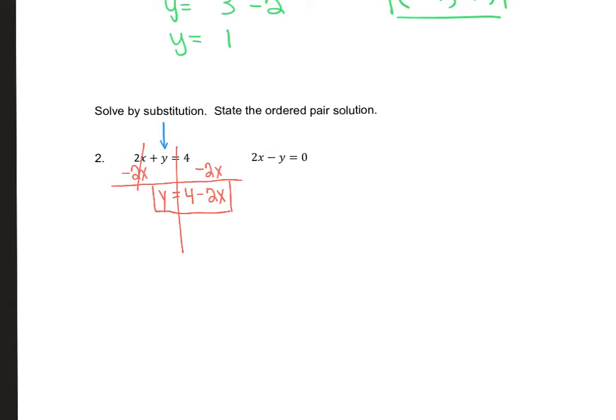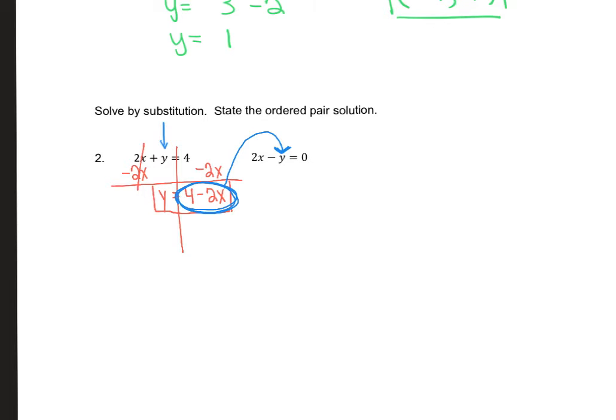I have now isolated y, and I'm ready to go. So y is alone, which means that now I can substitute it into the other equation. Remember from the previous worksheet or previous video that means I can take the other side of it, this 4 minus 2x, and I can put it into the other equation where the y is.